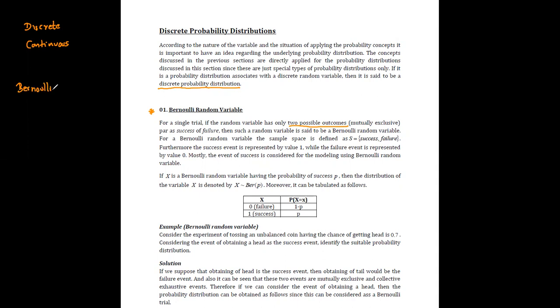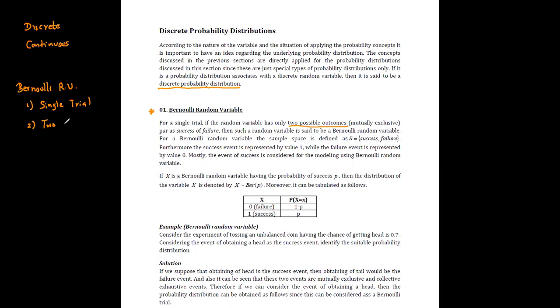To be a Bernoulli random variable, I am abbreviating it as RV, there are two conditions. We are considering a single trial, and in this single trial you should observe only two possible outcomes.